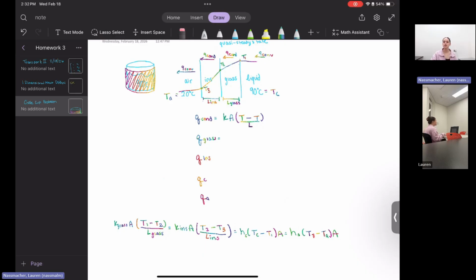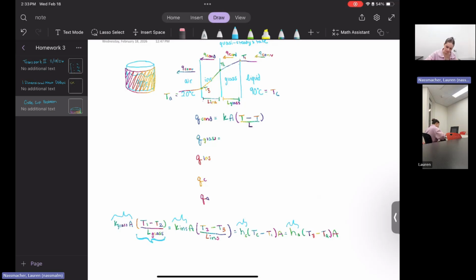This equation can show us the temperature profile. How, might you ask? Well, each of the thermal conductivities and the heat transfer coefficients are all different. And so if all of these equations are equal to one another, what has to change?